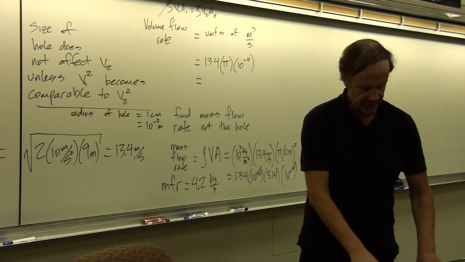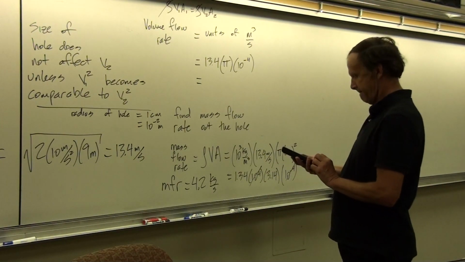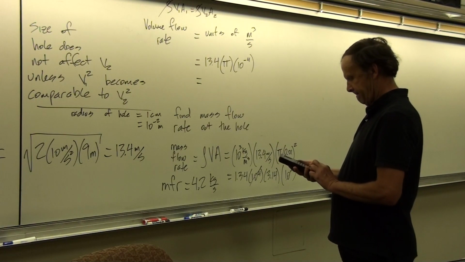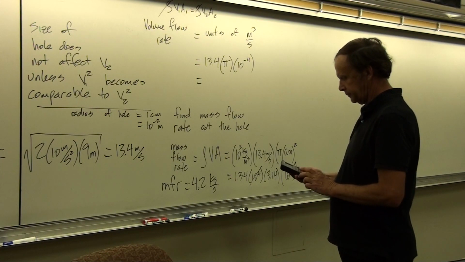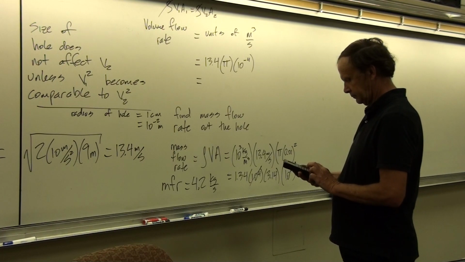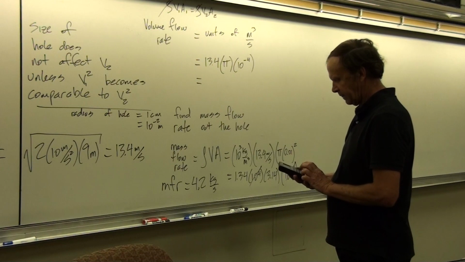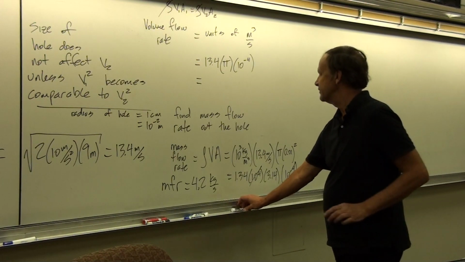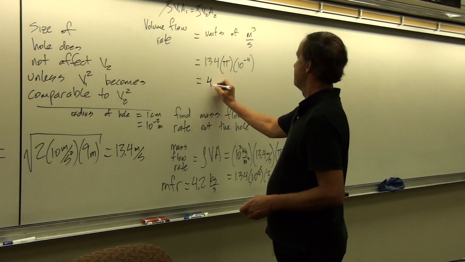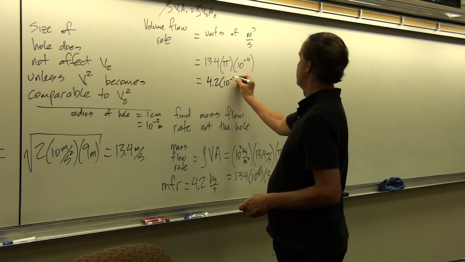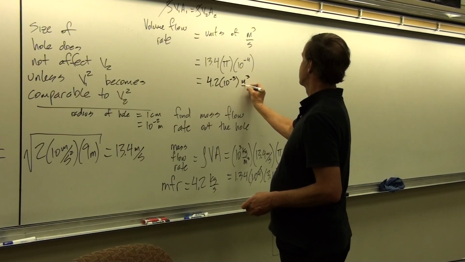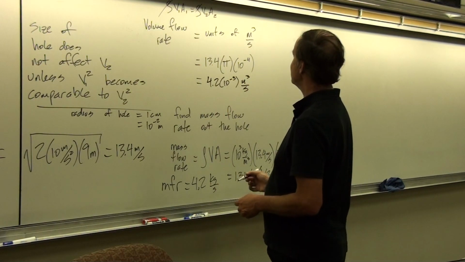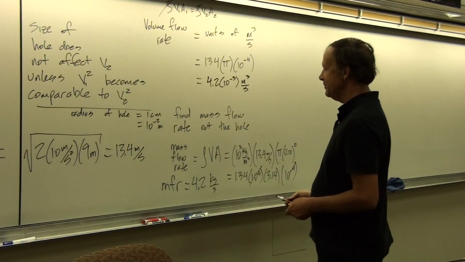That gives us pi times 13.4. And so that's 4.2 times 10 to the minus 3 cubic meters per second. Okay, so it doesn't seem like quite as much when you talk about volume flow rate.